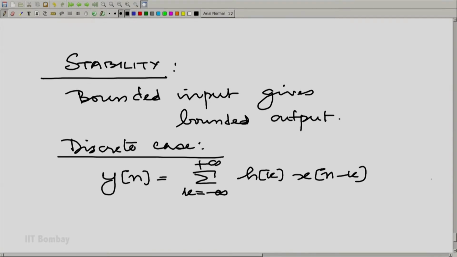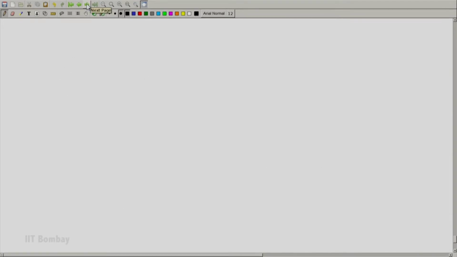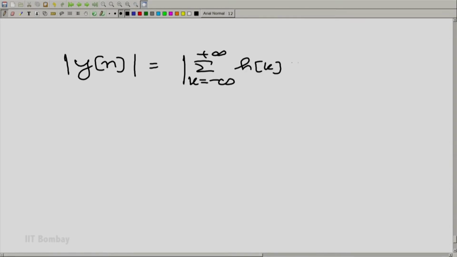This expression is easier, and I am ultimately interested in mod y[n] to study the bound of the output, and therefore I would need to look at mod y[n], which is the summation k going from minus to plus infinity, h[k] x[n minus k], all with an absolute value taken.